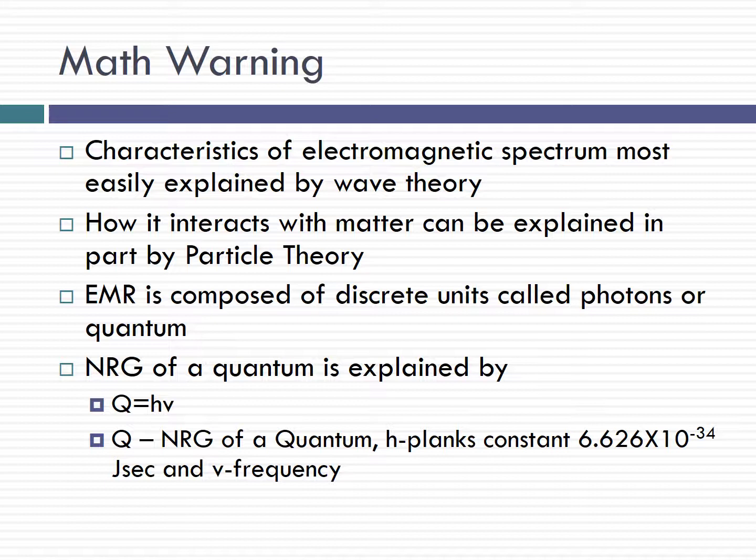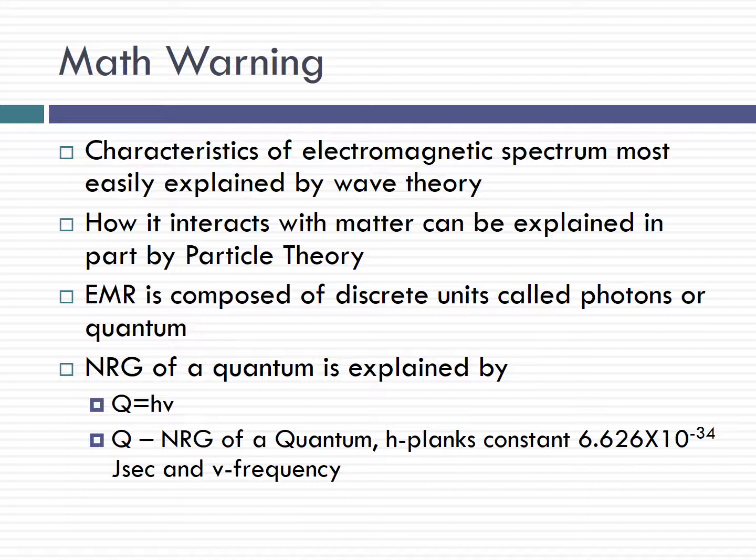Talk a little bit about some math here. The characteristics of the electromagnetic spectrum are most easily explained by wave theory. How it interacts with matter can be explained by the particle theory. Electromagnetic radiation is composed of discrete units called photons or quanta.